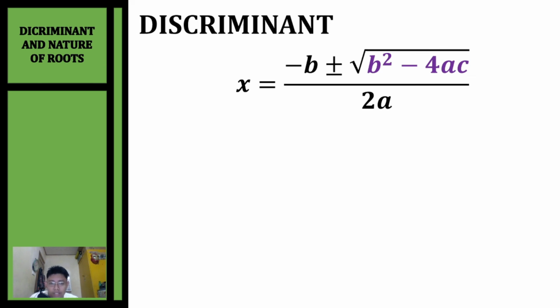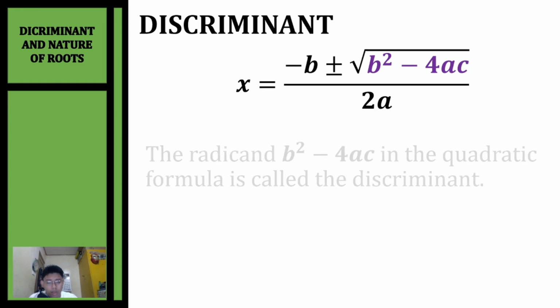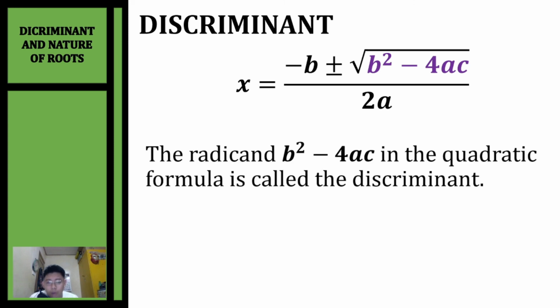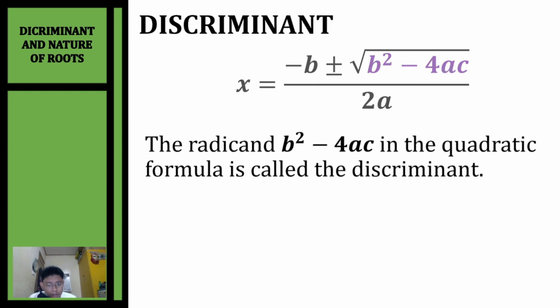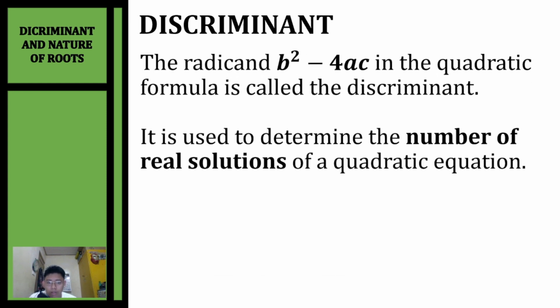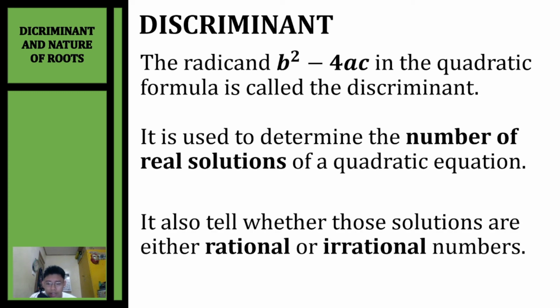The discriminant is not the whole equation, but instead it is the one inside the radical symbol. It is b squared minus 4ac in your quadratic formula. So, our discriminant will determine the number of real solutions in our quadratic equation or function. It will also tell us whether those solutions are rational or irrational numbers.